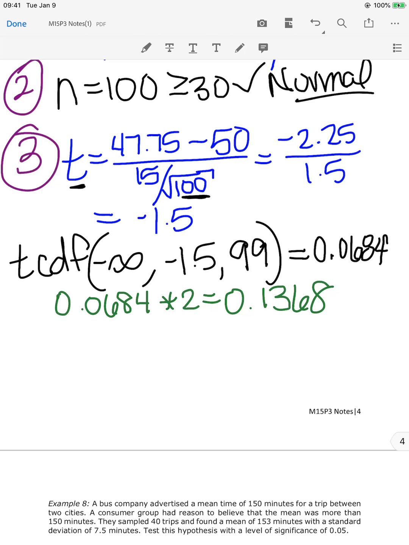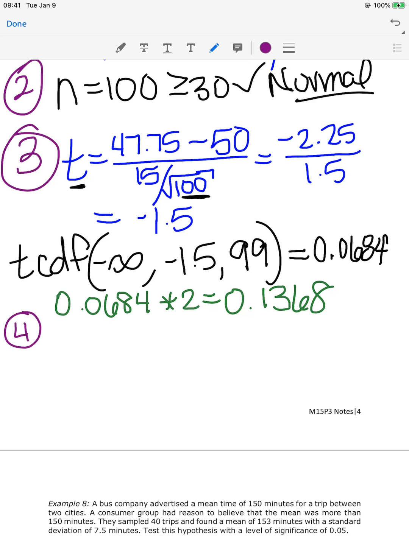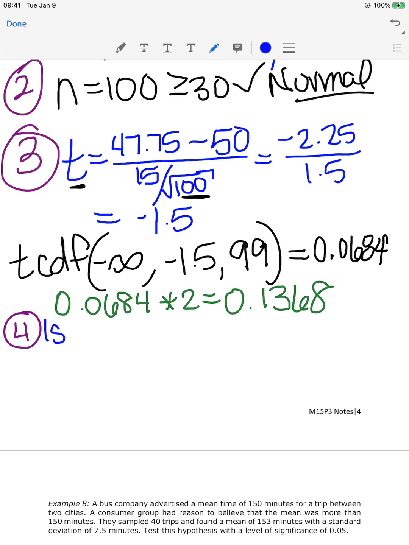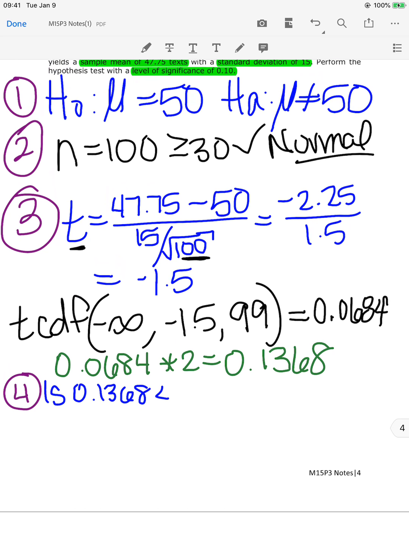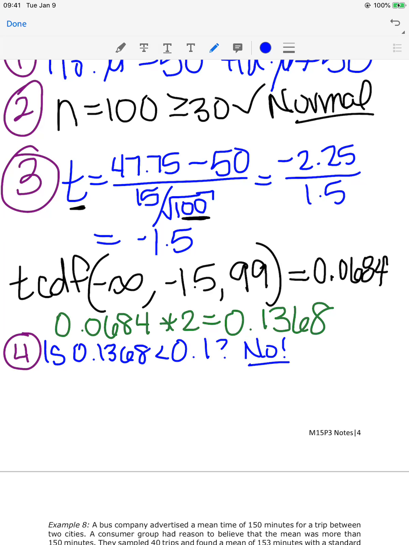So now we can ask ourselves, for step 4, I have to write smaller, is 0.1368 less than, what was our level of significance? 0.1. No, it is not less than, so the probability is not too small.